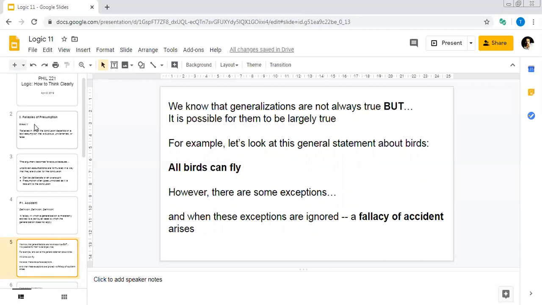There are birds that don't fly. Can you think of some birds that don't fly? For example, penguins can't fly, but they are birds, right? So a fallacy of accident basically arises when these exceptions are ignored. The key word here is exception. There are always exceptions, and when you ignore those, a fallacy of accident arises.